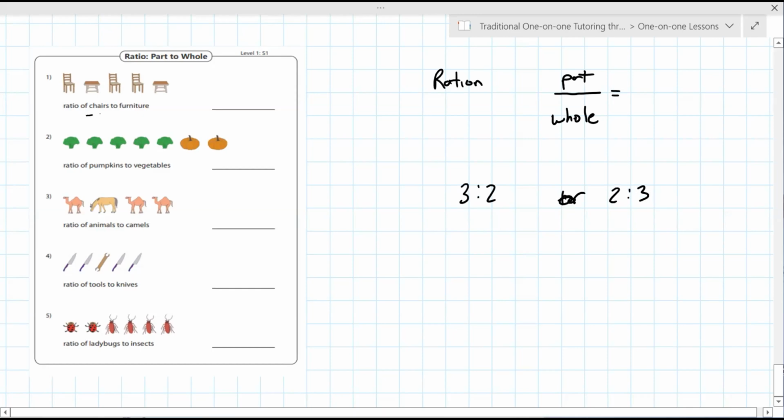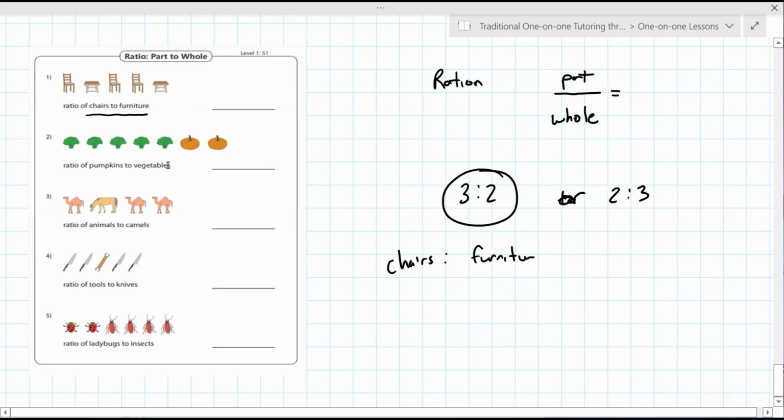You're doing chairs to furniture. So how many chairs are there? 3. Okay, and then the total number of furniture is 5. Instead of putting 5, though, you figure out what number gets you to 5, and that's why you put 2 here. So this is correct.